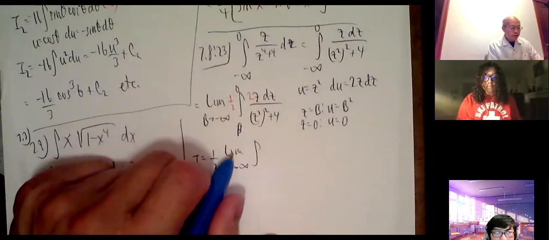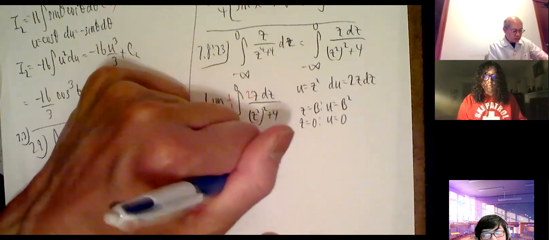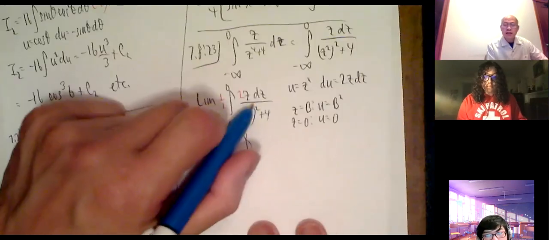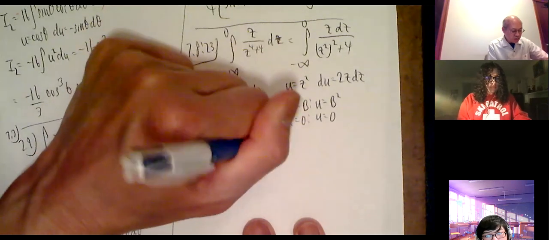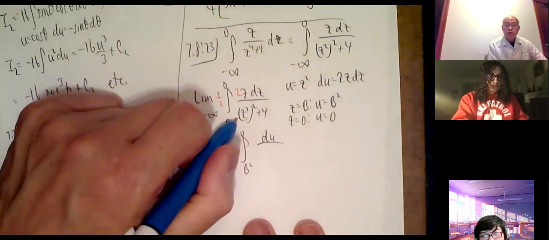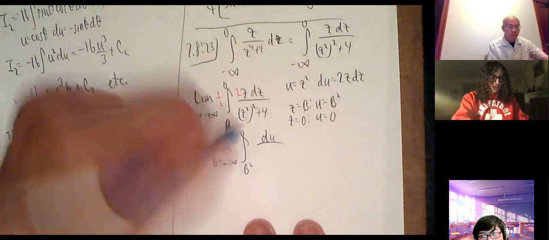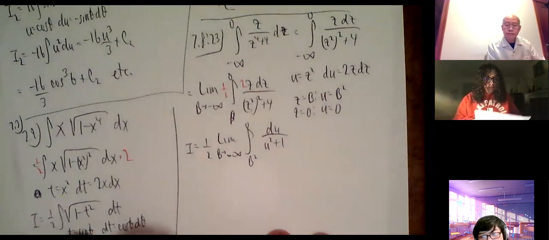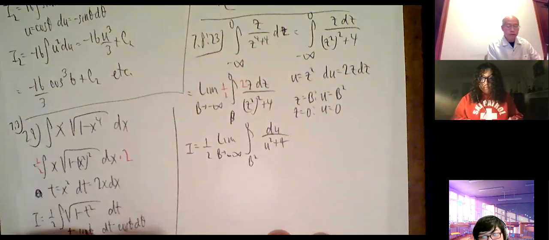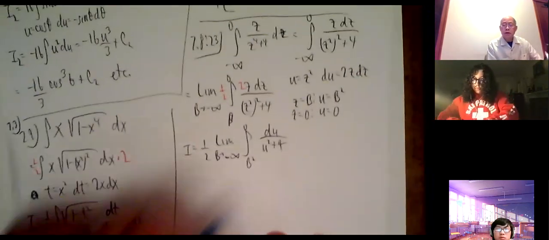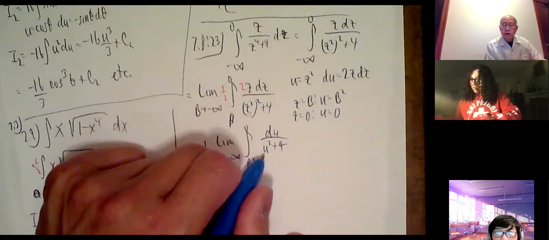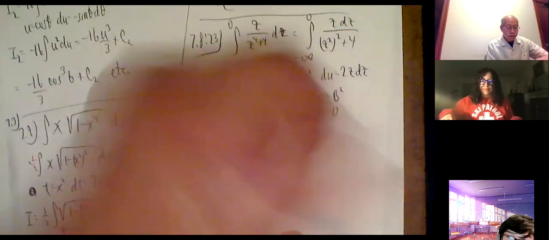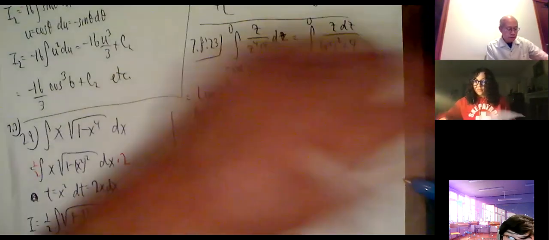Okay, we're now going from b squared to 0 of 2z dz, that's my du, over u squared plus 4. All right, I need this to be a 1 so I can use inverse tangent. So we do the same trick.